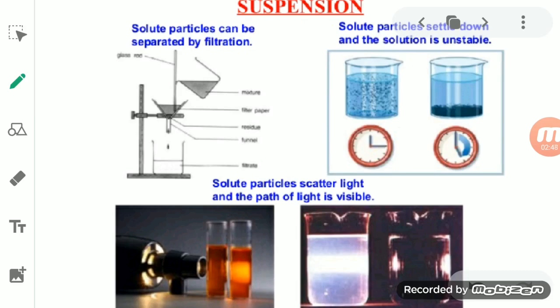Flour, when you mix it in the water, will also not get dissolved but remain suspended. So these are some of the examples, or milk of magnesia. These are some of the examples which remain suspended in the water without getting dissolved in it. And these mixtures are known as a suspension.